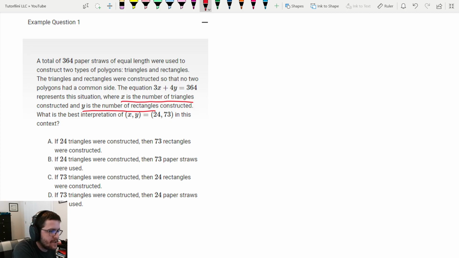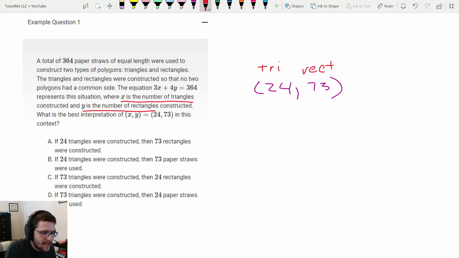What is the best interpretation of 24, 73? So X we said is the triangles, and Y we said is the rectangles. So I probably want something that mentions 24 triangles and 73 rectangles.